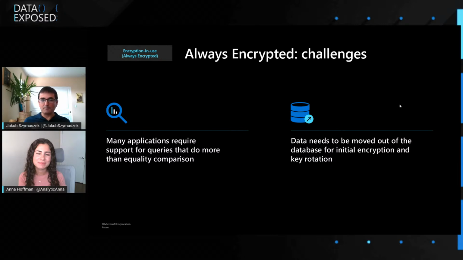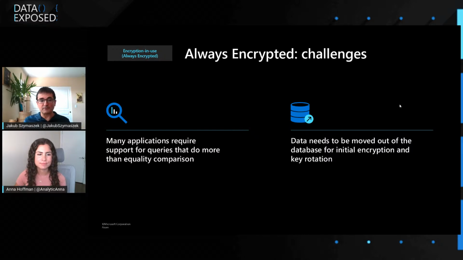In fact, many applications, especially those that handle personally identifiable information, names, addresses, phone numbers, typically need more than equality comparison to manipulate the data. You need pattern matching, for example, right? And so this initial release of Always Encrypted, this initial architecture, of course, didn't support such queries.